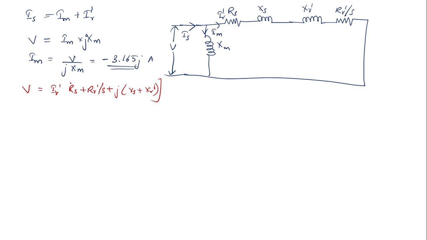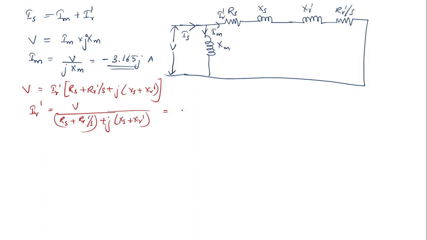Changing the bracket, IR dash is equal to V divided by (RS plus RR dash by S plus J into (XS plus XR dash)).